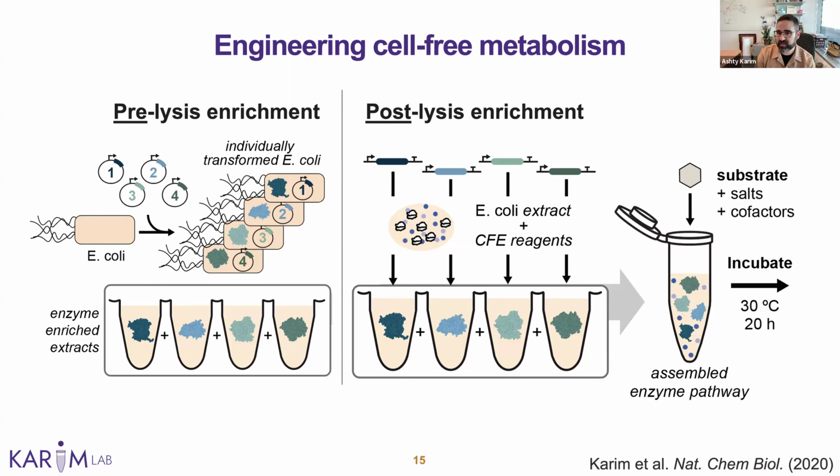So here we add either plasmids or linear expression templates and perform a cell-free gene expression reaction. Then we can mix and match lysates enriched with enzymes to assemble enzymatic pathways. And instead of measuring protein concentration, we can start to analyze metabolites after incubation.